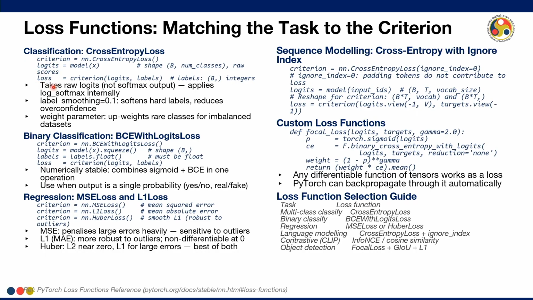This is one way to define the loss function. Here the criterion is the cross entropy loss, we define the logits, and then we compute the loss, which takes this logits value. Logits is basically the output of the last layer before applying the loss function or the activation. Here we are applying the softmax.